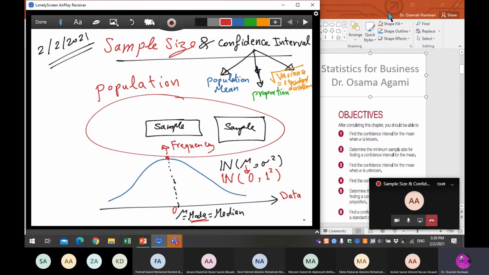If at this peak you have the same value as the mean and the median, you will have a symmetric distribution. One of the popular ones is a normal distribution with a mean equal to mu and a variance sigma square. If we have the standard normal distribution, it means the mean is equal to 0 and the standard deviation is 1. You heard about this one.